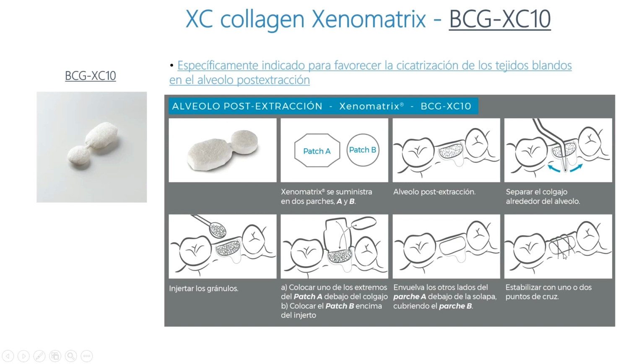There are no sutures inside the matrix, but just over it, in order to keep it stable, and it is left exposed, without the need of opening the flaps and covering the Xenomatrix. This is because it's quite thick, and so it protects the graft, and at the same time it is a good substrate for fibroblasts, for the soft tissue cells to regenerate.